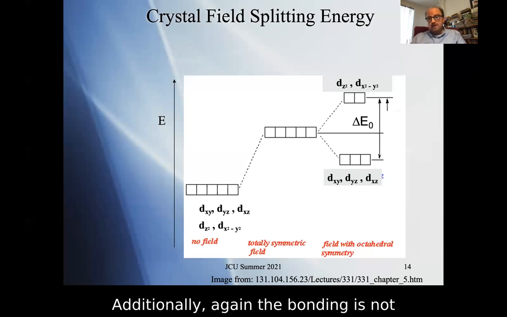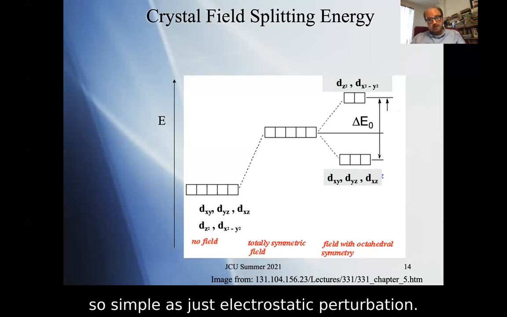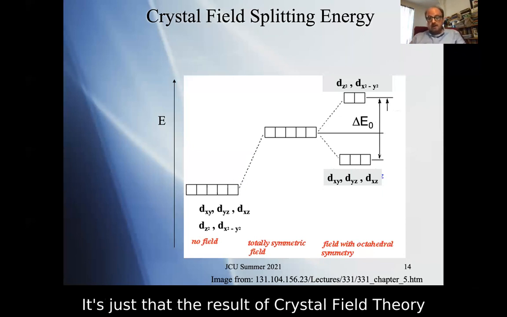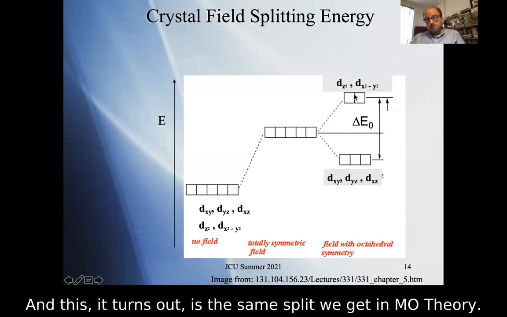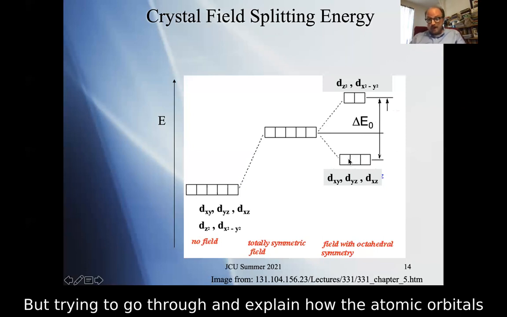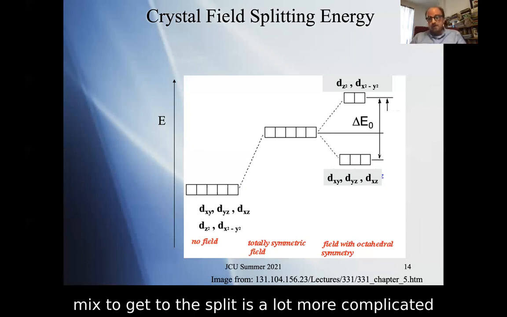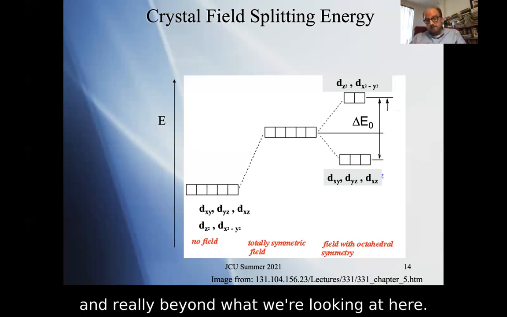Additionally, the bonding is not so simple as just electrostatic perturbation. It's just that the result of crystal field theory gives us this energy split. And this turns out to be the same split we get in MO theory. But trying to go through and explain how the atomic orbitals mix to get to the split is a lot more complicated and really beyond what we're looking at here.